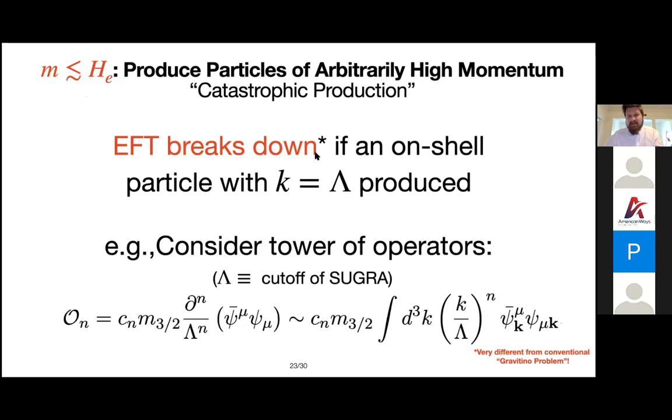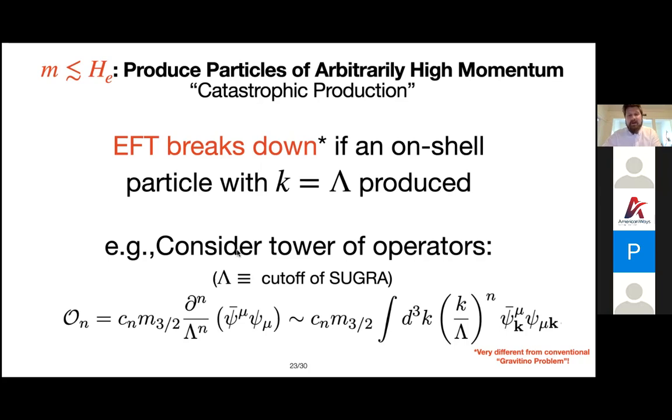In the classic sense of the qualitative picture of what Wilsonian effective field theory is, there's some length scale, and you've integrated out all physics happening on scales smaller than that. If you produce a particle with momentum K at the cutoff, you start probing the physics at length scales below that.